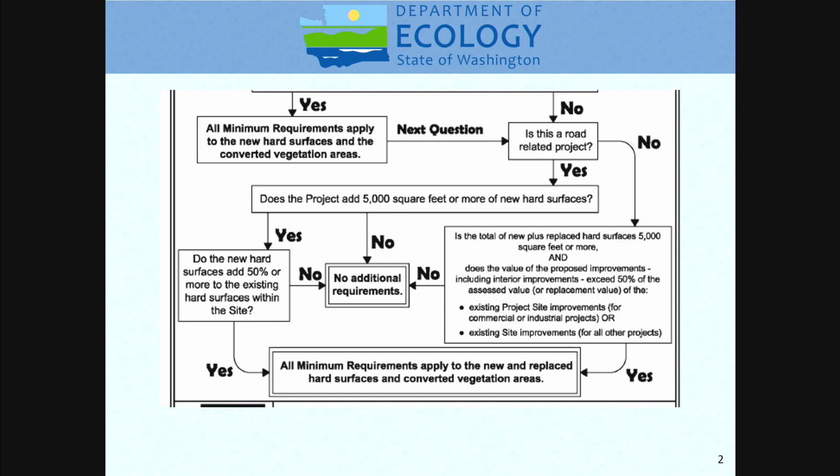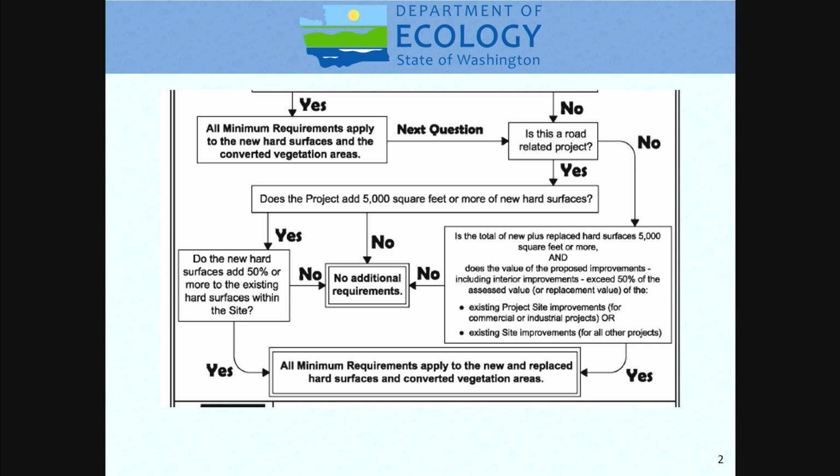corner. This is the bottom part of the flow chart for redevelopment projects. So if you remember the flow charts, you go through the new development project and it says if it has more than 35% impervious surface, forget this chart, go to the other chart. Well, we're now on the other chart. And you work your way down through that chart, starting out with 2,000 square feet of new or replaced hard surface.